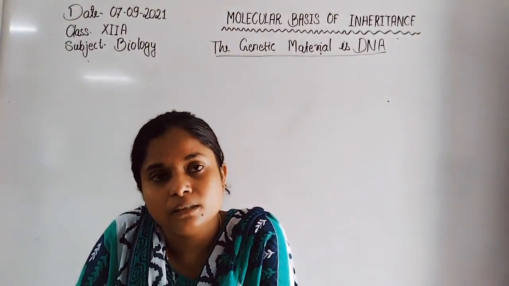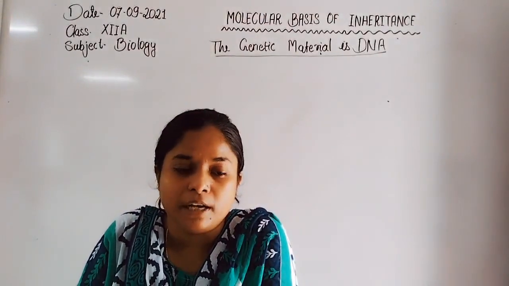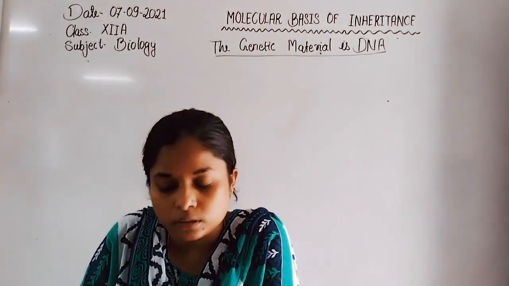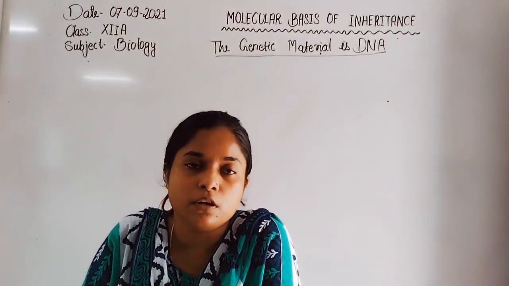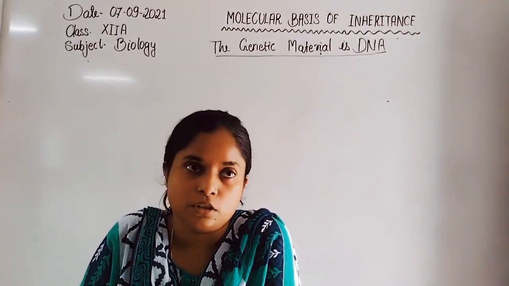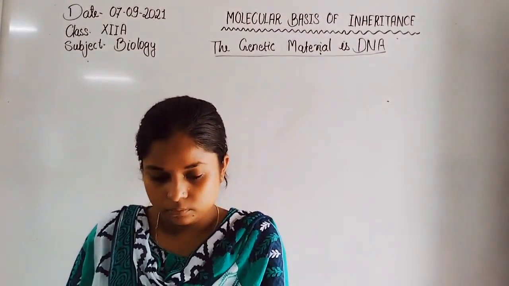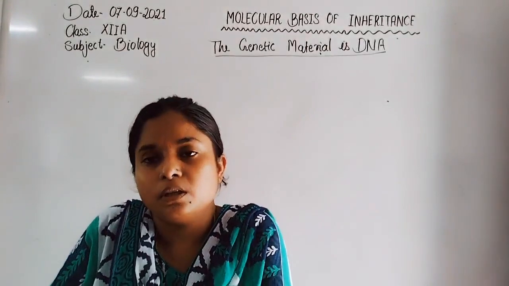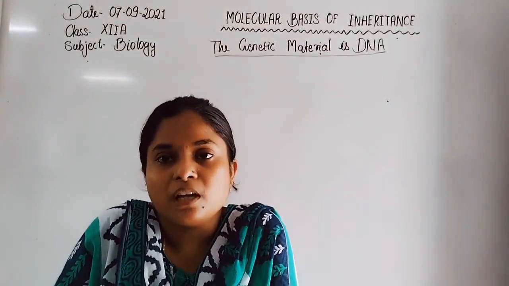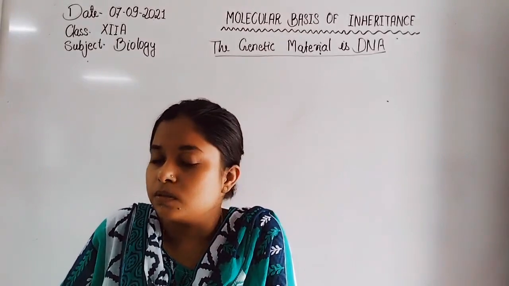According to biochemical characterization, they used 3 enzymes: RNase for RNA degradation, DNase for DNA degradation, and protease for protein degradation, to analyze what converts the R form into the S form.